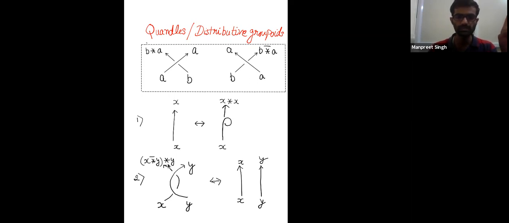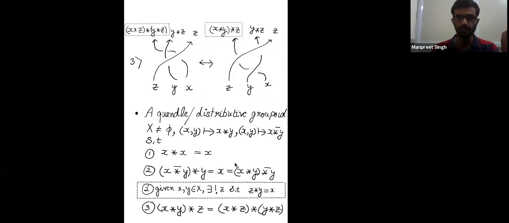So we want that this element must be the same as x. And similarly, in the third Reidemeister move, the outcoming labels are the same labels. The only difference is at these points. So we formulate the axioms of quandles: the first axiom is idempotency, the second is the existence of inverse, and the third is right distributivity. These axioms arise from the Reidemeister moves.